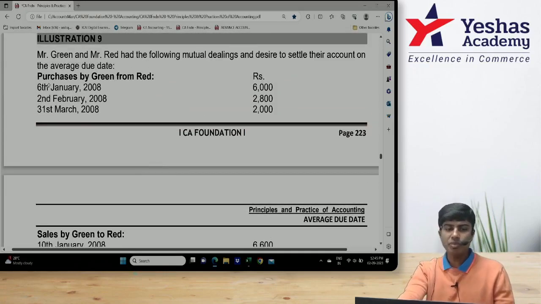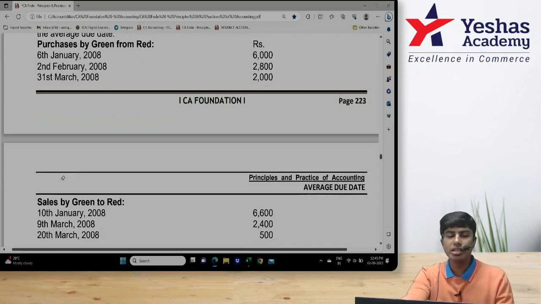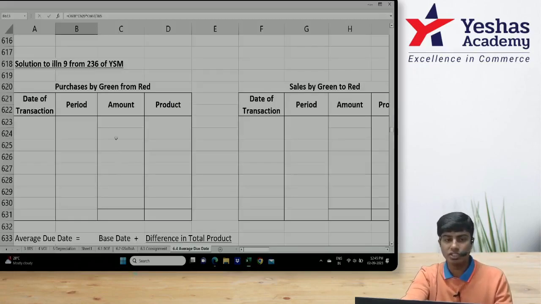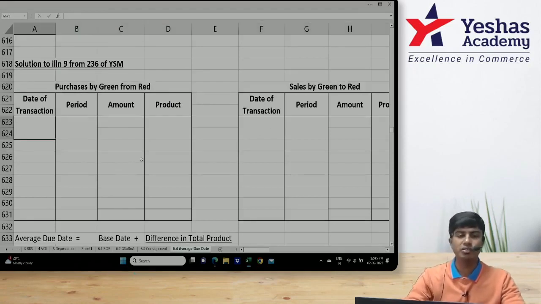Two separate tables. Why? Here purchased by Green. So Green has to pay money to Red. Here sales by Green. So Green has to receive money from Red. Understood? Purchases by Green. Sales by Green. Tell me the data. First one. Purchases by Green. 6th of January. 2nd of February. 31st of March.